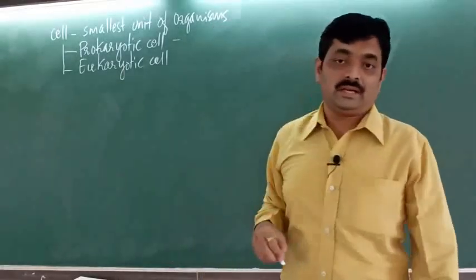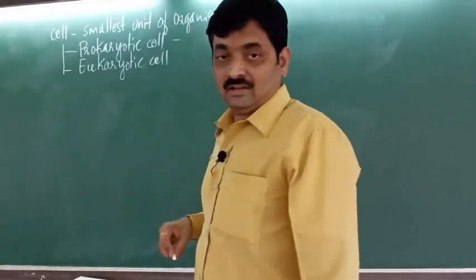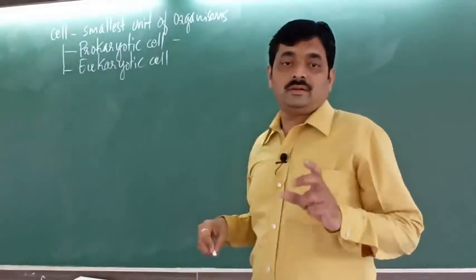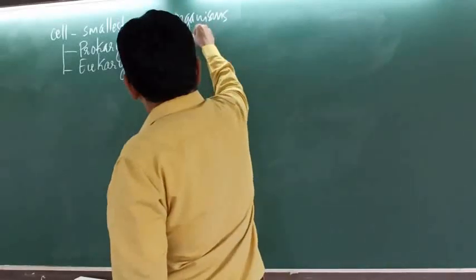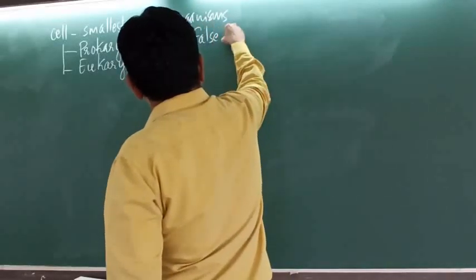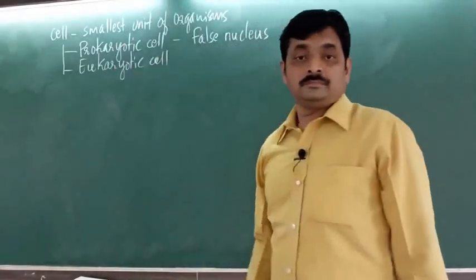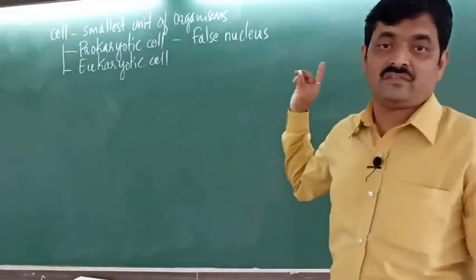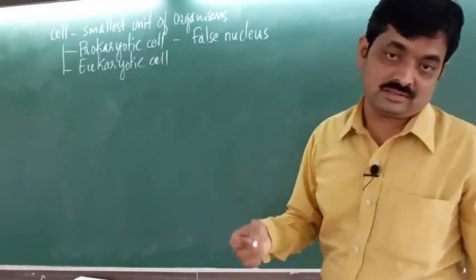Now here, what do you mean by a prokaryotic cell? Now this is a cell where a false nucleus is present. If a cell has a false nucleus, it is called prokaryotic cell.